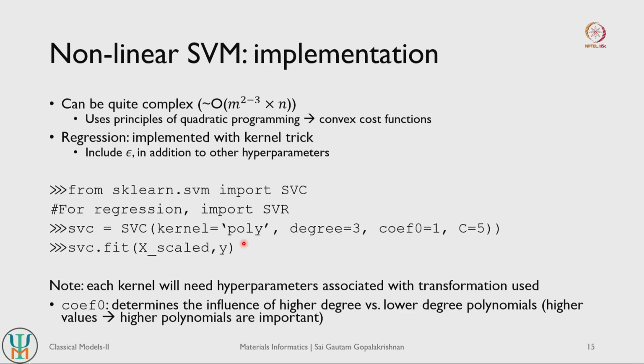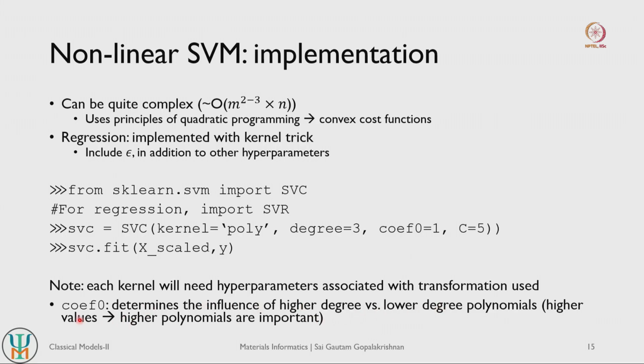The degree is specific to the polynomial kernel. So, degree equals 3 indicates that we are going to include polynomials up to the degree of 3, so up to the cubes. This coef0 is also another hyperparameter. It is particularly relevant for polynomial based support vector classification or regression, and it determines the influence of higher degree versus lower degree polynomials.